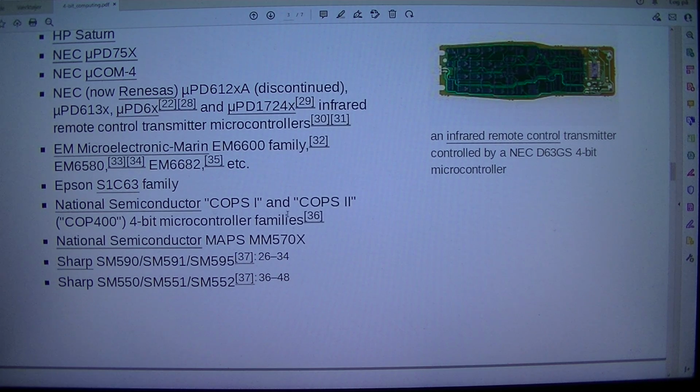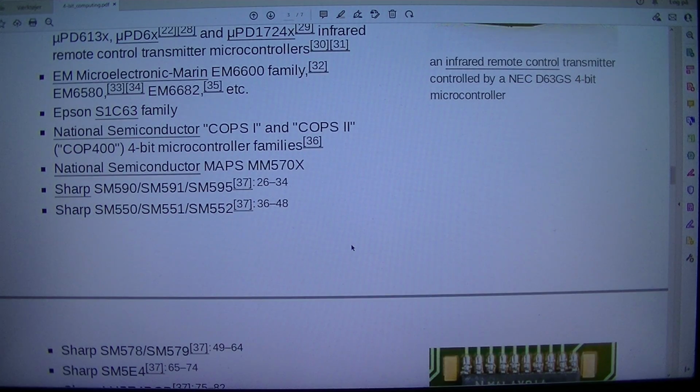National Semiconductor COPS-I and COPS-II, COP400, 4-bit microcontroller families, 36. National Semiconductor MAPS MM570X. Sharp SM590/SM591/SM595, 37, 26, 34.